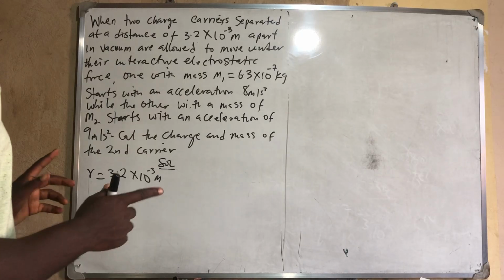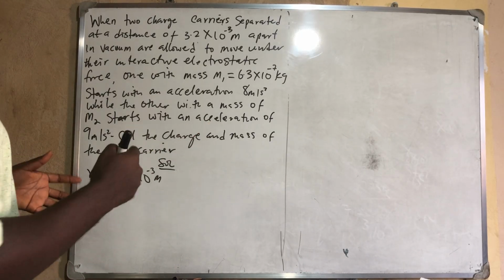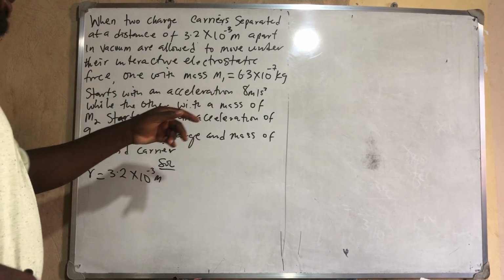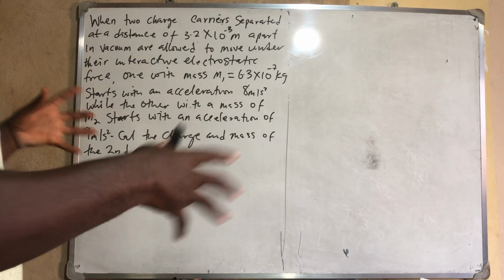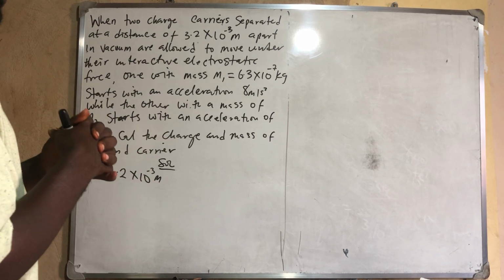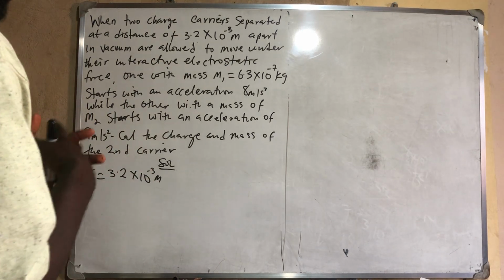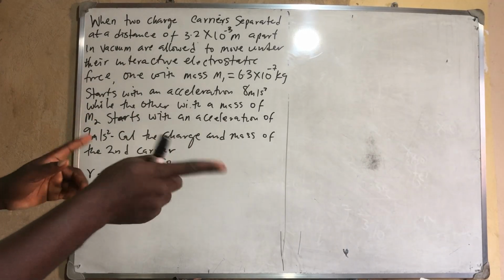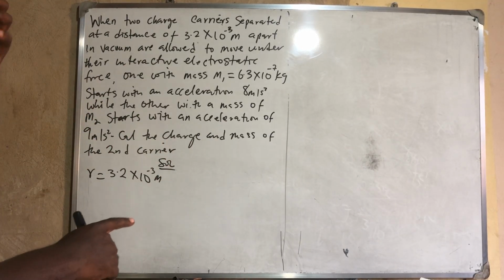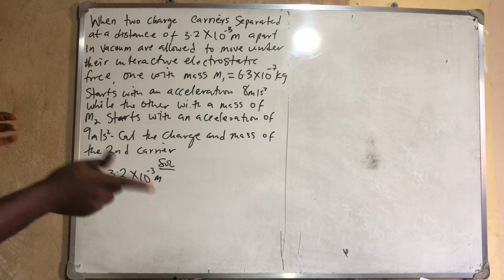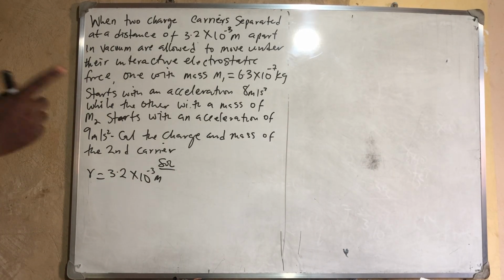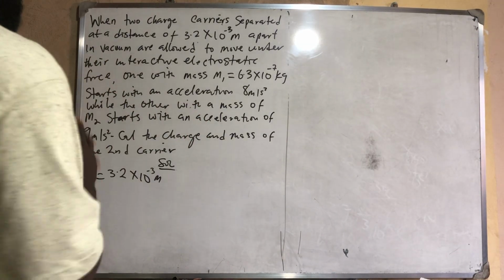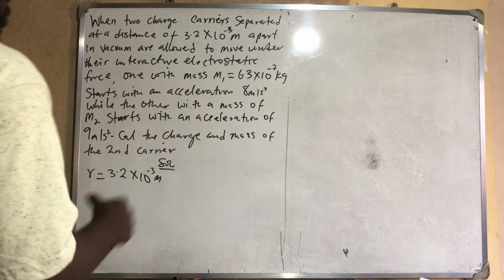The force they are moving with is the same, because that is either force of attraction or force of repulsion. Don't forget that in gravitation we have only force of attraction, but in charges we have either attraction or repulsion. When they have the same charge, they repel, but if they have different charge, they attract. So now they have the same force of attraction.